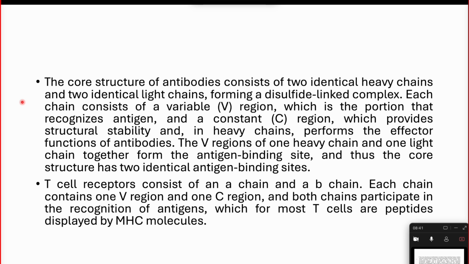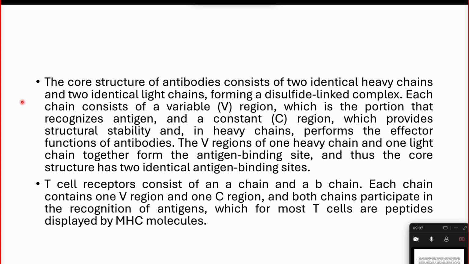The V regions of one heavy chain and one light chain together form the antigen binding site, and thus the core structure has two identical antigen binding sites. So we are not discussing solely T cell receptors; this is in general a receptor summary of B cell and T cell. T cell receptors consist of an alpha chain and a beta chain.